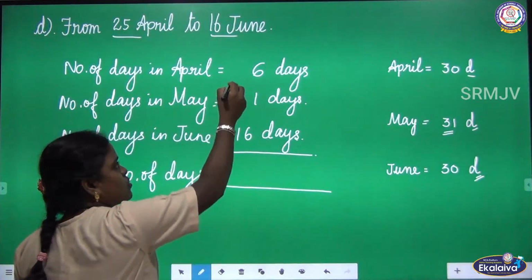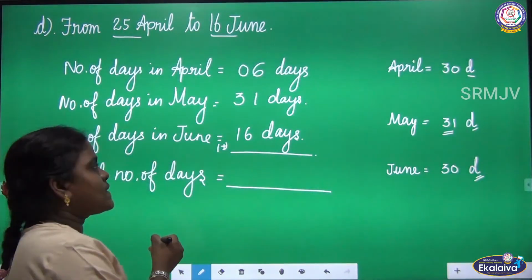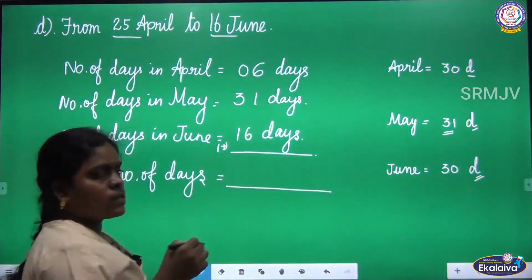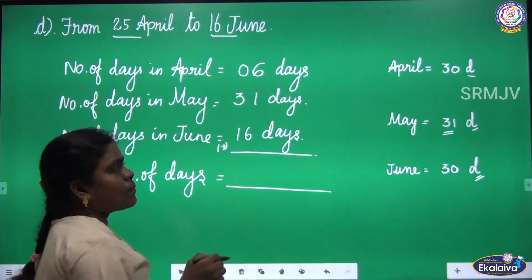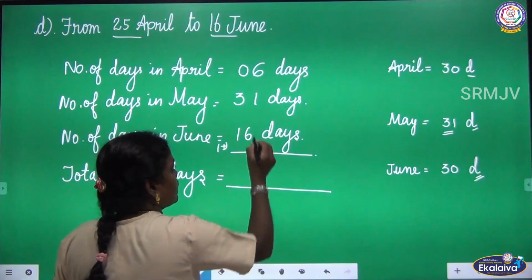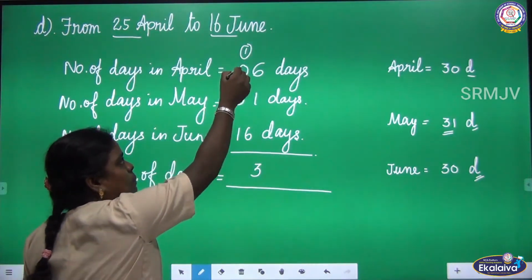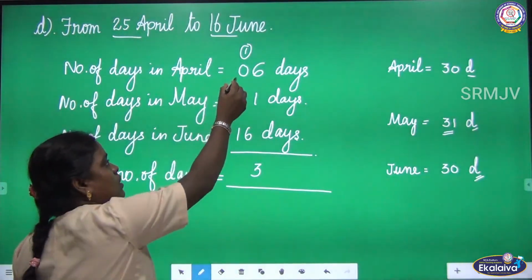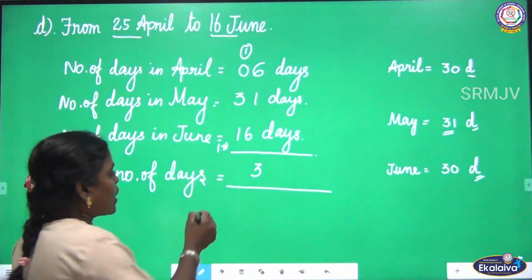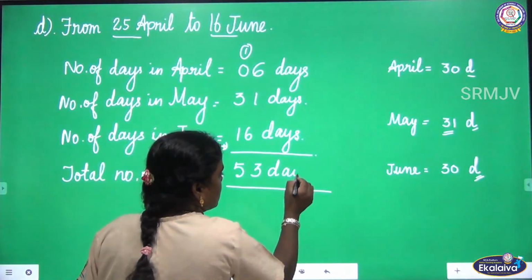To avoid the confusion, we can write 0 before the number 6. Now add the ones place. 6 plus 1, 7. 7 plus 6, it is 13. So write 3 and 1 carry over. Now add the tens. 1 plus 0, 1. 1 plus 3, 4. And 4 plus 1, 5. So here we have 53 days totally.